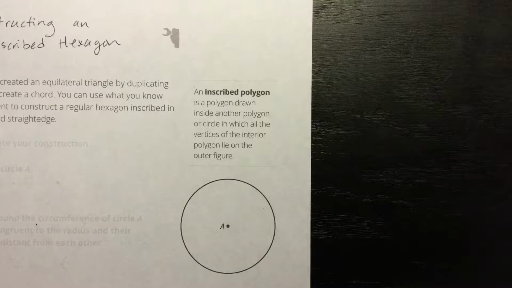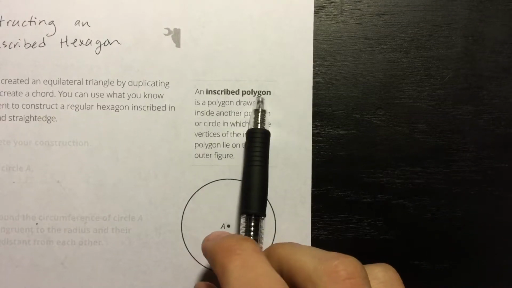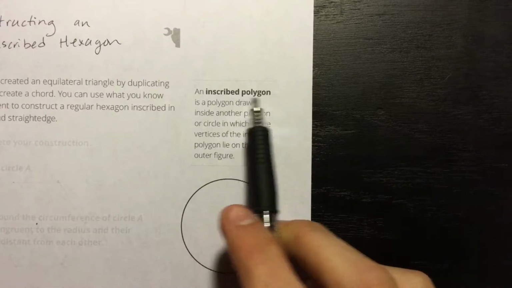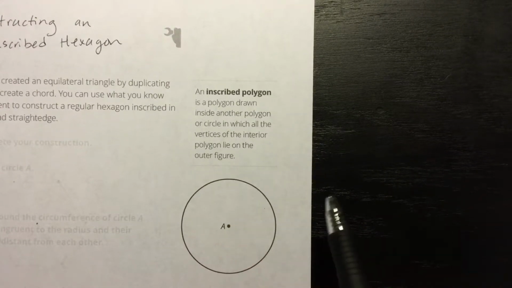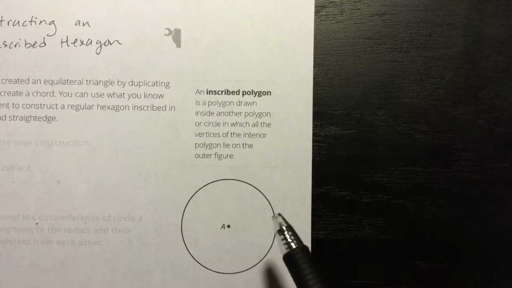Like in the last packet when we were creating quadrilaterals inside of quadrilaterals, those are inscribed polygons. If you don't know what a polygon is, this isn't the exact definition, excuse me, it's been a while since I've defined a polygon.